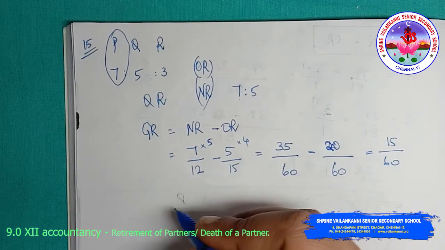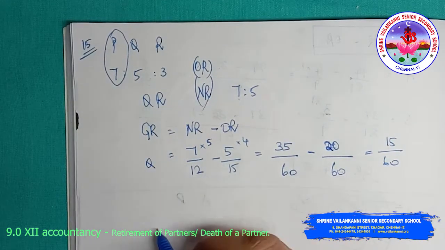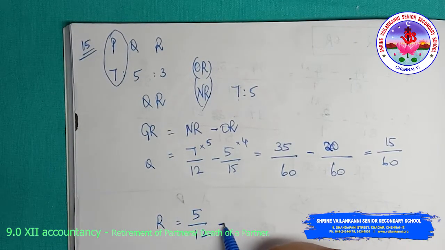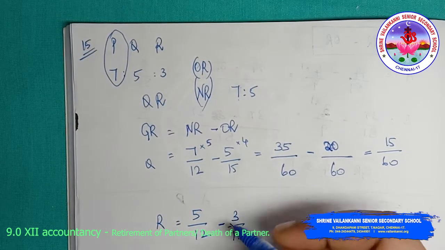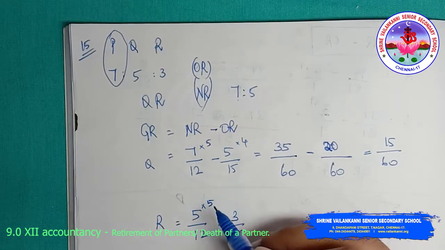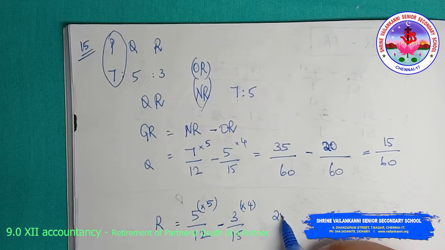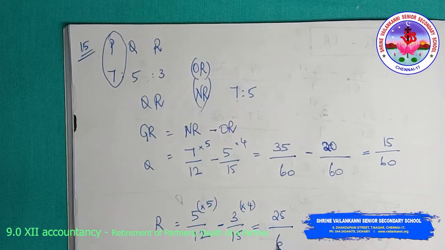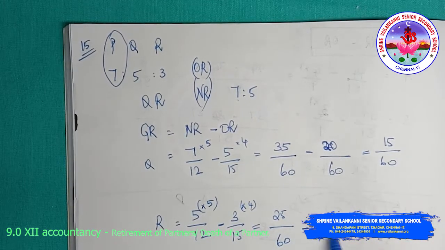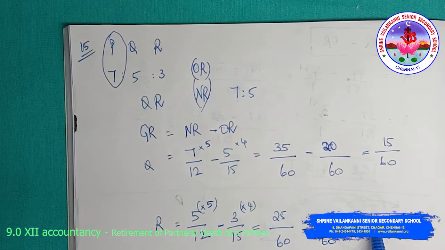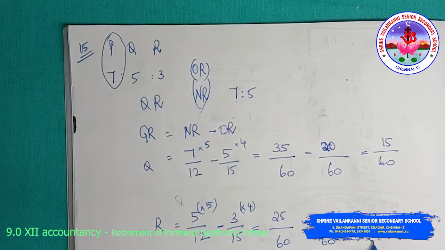So this is Q's share, now this is R's share. R's share will be 5 by 12 minus 3 by 15. So multiply it with 5, multiply it with 4. So it is 25 by 60 minus 12 by 60. So 13 by 60.